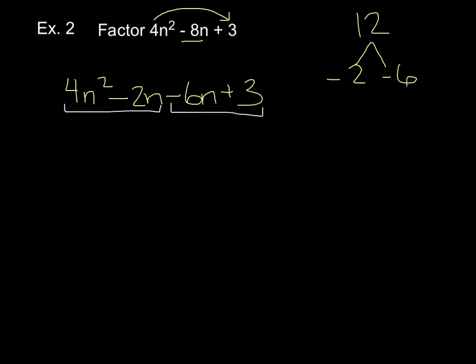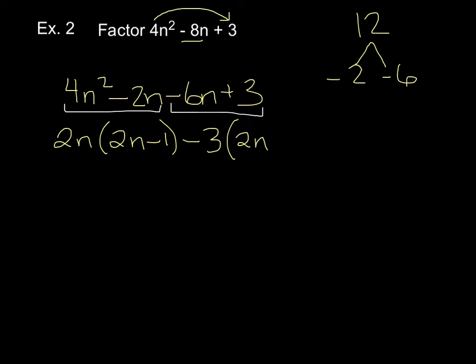Okay. So in the first group, I've got a common factor of 2n, which leaves behind a 2n minus 1. Now, since I've got a subtraction here in the middle, I'm going to leave the minus sign. 6 and 3 have a common factor of 3. When I factor that out, 6 divided by 3 would leave me with a 2n.